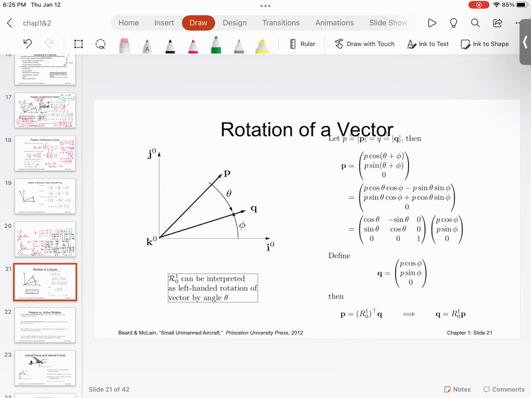The rotation matrix is actually rotating. So imagine that I have a vector that is rotated through angle phi, and then it is rotated through angle theta. Now I have this position vector here, and this logic is very cool. That's why I want to explain this.